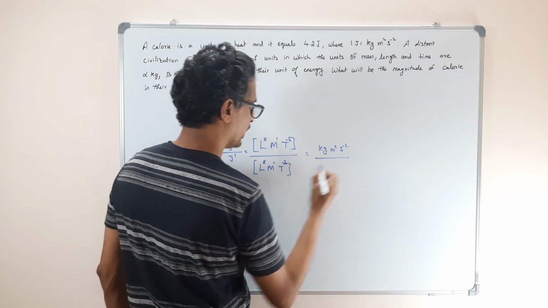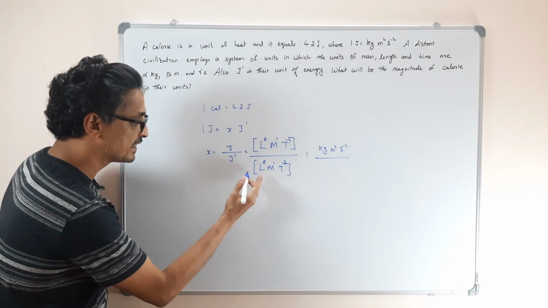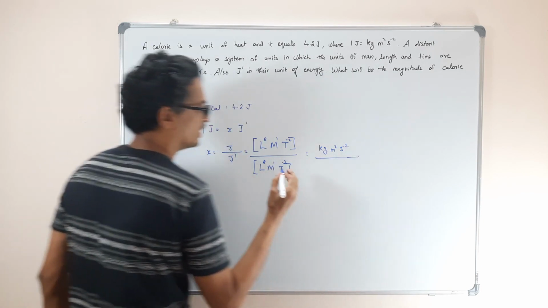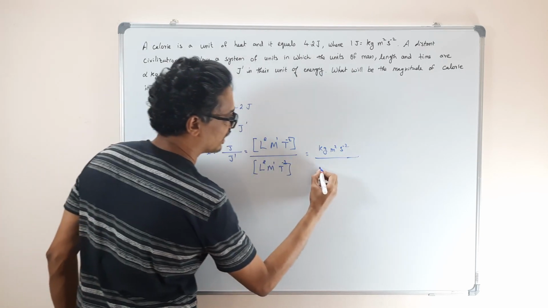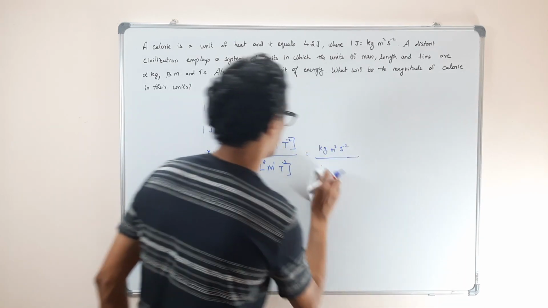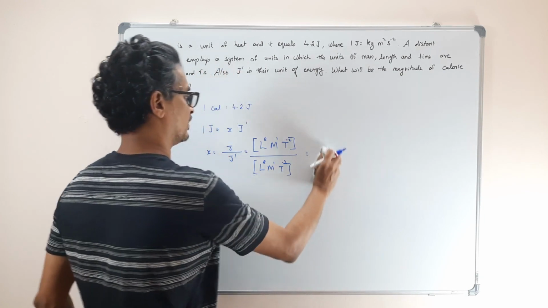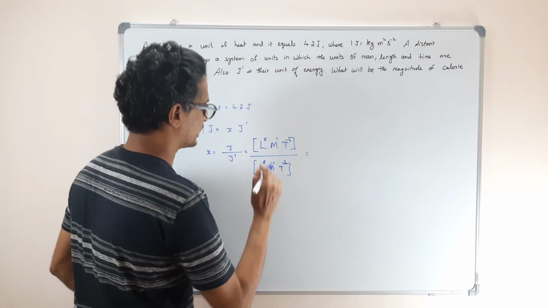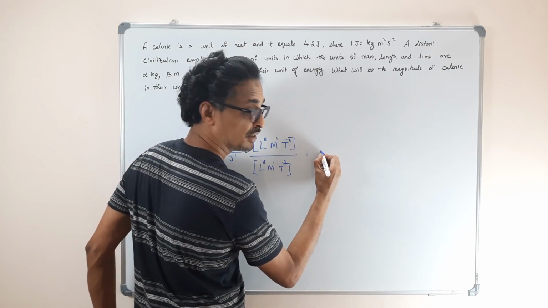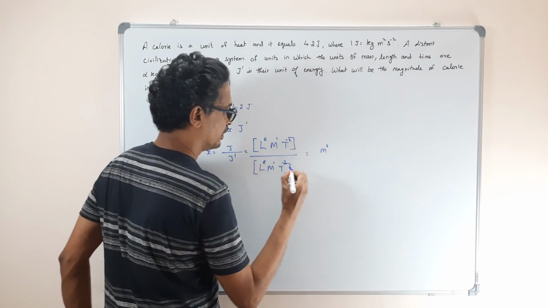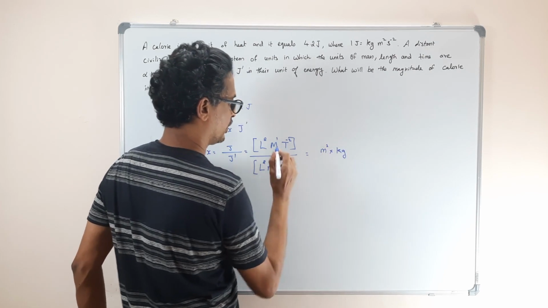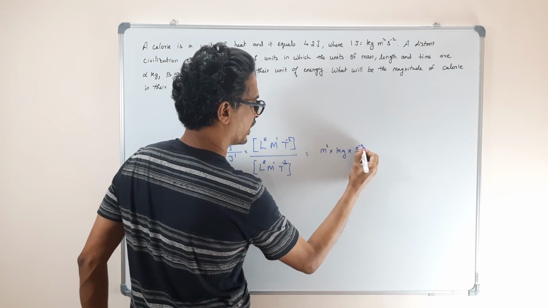Divided by their unit, J prime. Their unit of mass is alpha kg, so let us write it this way, then we will get it clear. In SI units, length is meter square, mass is in kilogram and time is in second power minus 2.